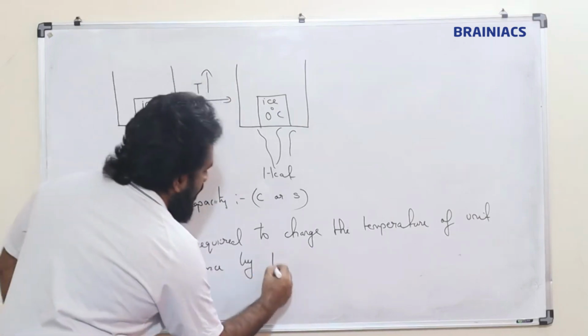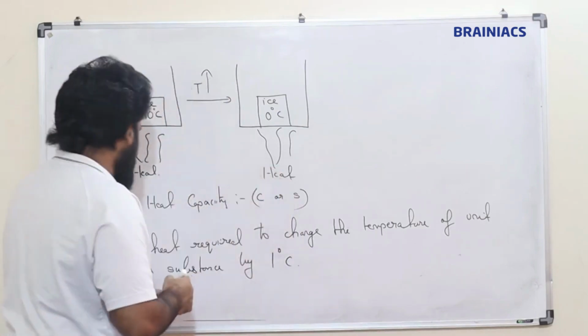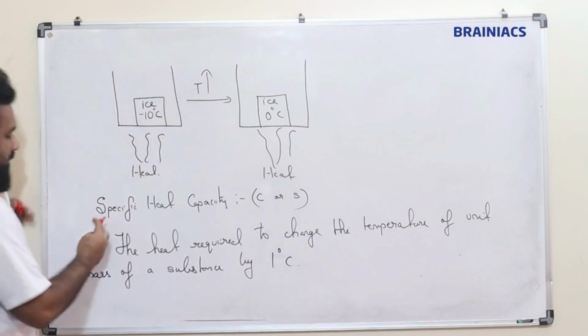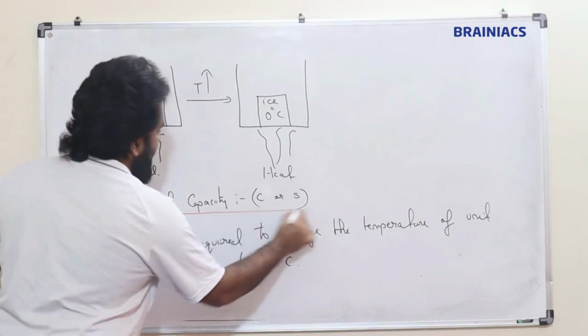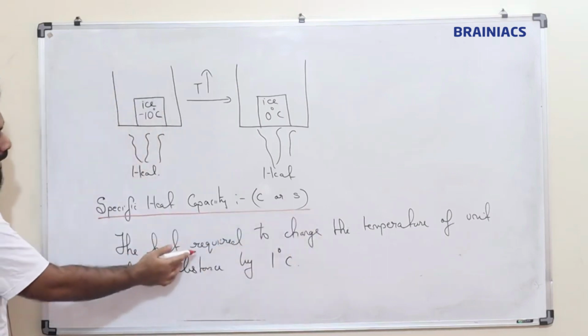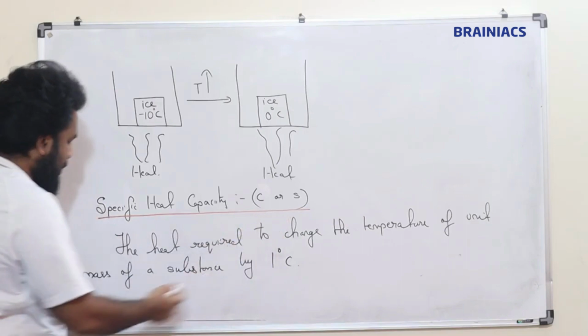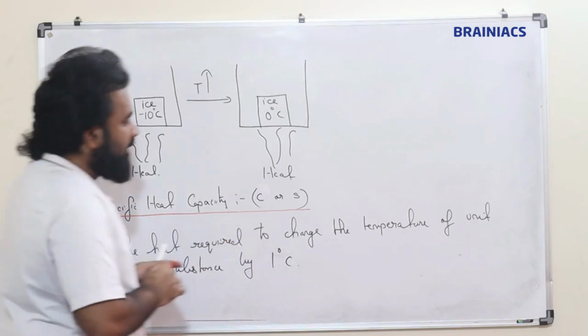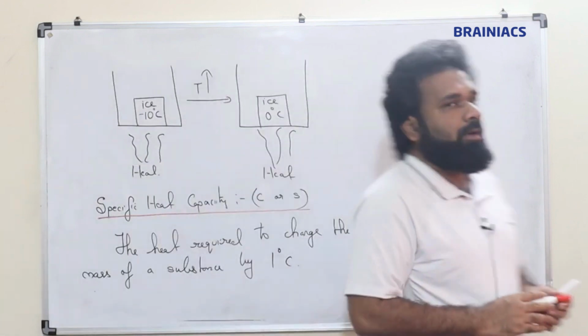So specific heat capacity, or specific heat, is nothing but the heat required to change the temperature of unit mass of a substance by 1 degree Celsius. Okay, clear?